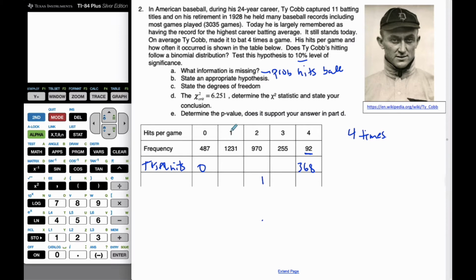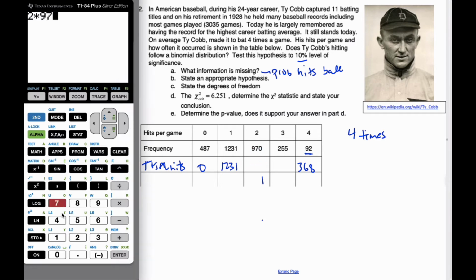In these games, he had 1,231 games where he had 1 hit, so he had this many hits. Of the 4 times he went to bat, he had 2 hits 970 times. So to find total hits, it's going to be 2 times the 970, which is 1940.